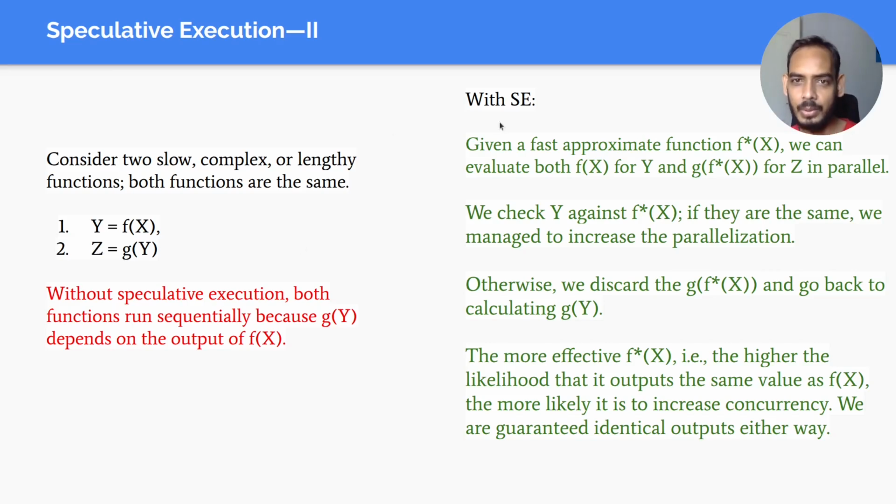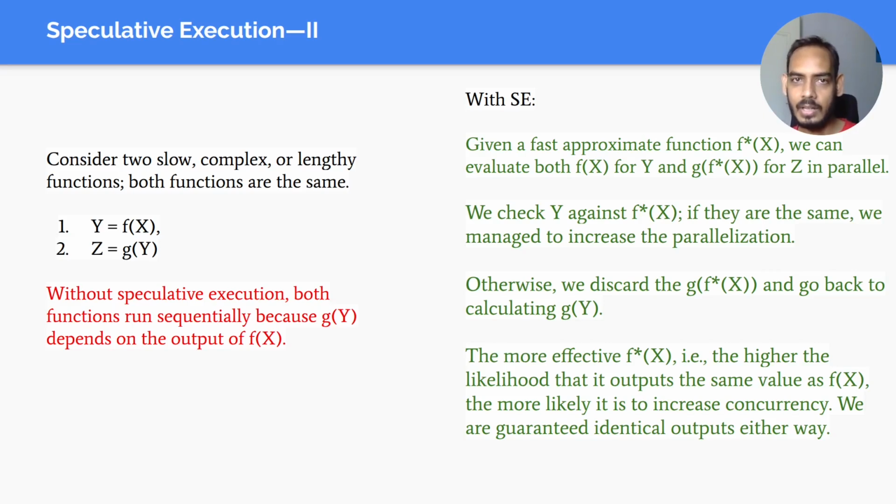But with speculative execution, you create an approximate function of f of x, which is f star of x. Then you simultaneously run both functions and get the outputs. Once you get the output, you check whether y is equal to f star of x, the output generated by f star of x. If both are equal, we have managed to increase the parallelization.